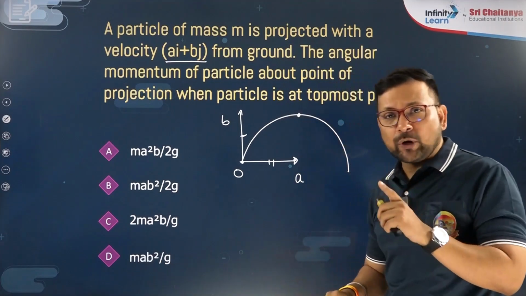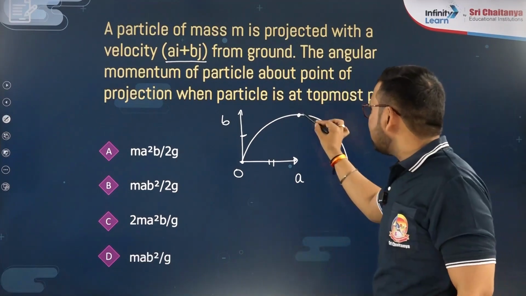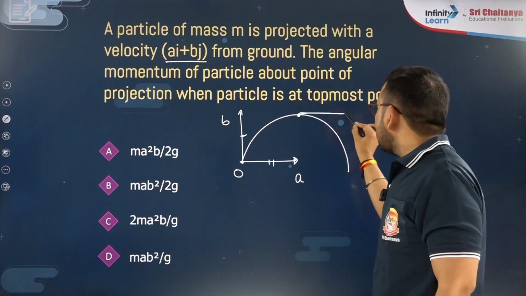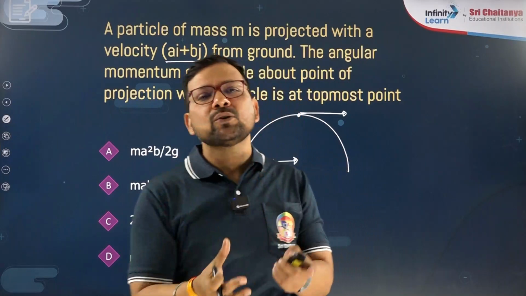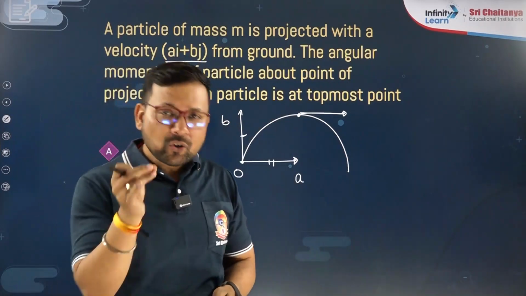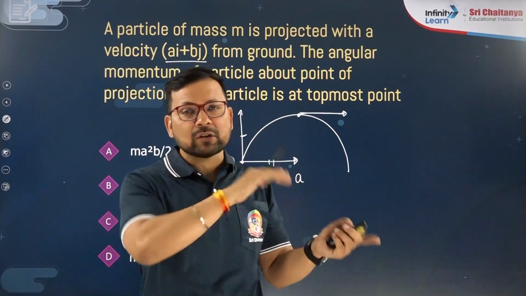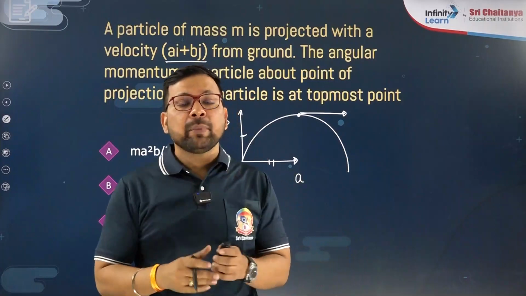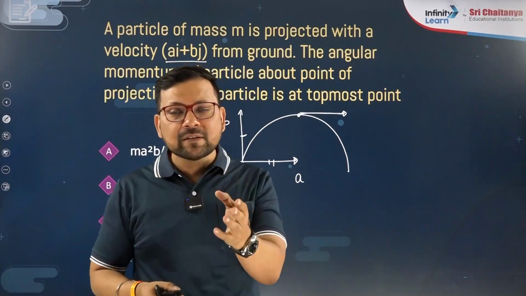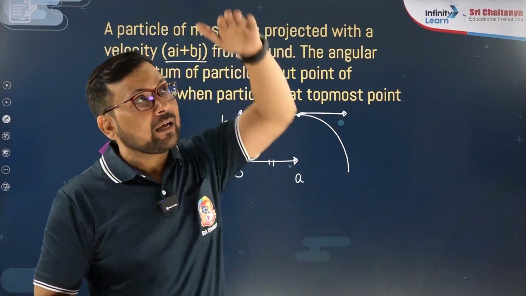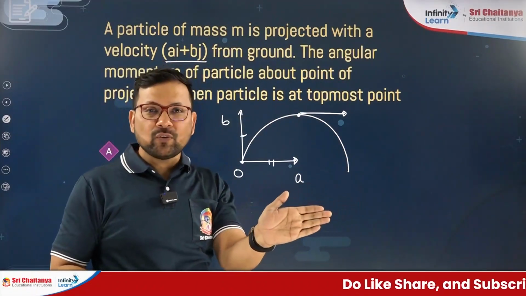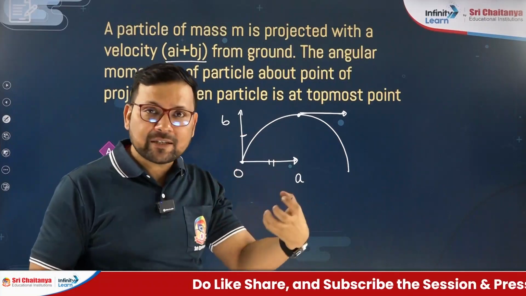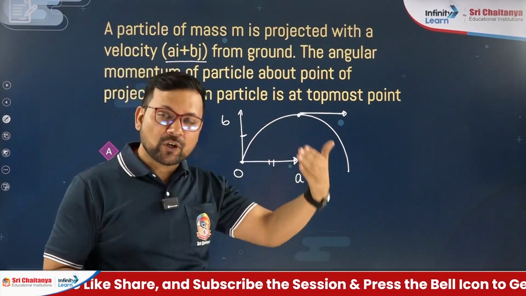At the highest point, we all are aware in projectile concept, horizontal velocity will not change, no acceleration is there. Projectile is also motion under gravity, not 1D, 2D is there, velocity is in different line, but as far as force is concerned, that is the only gravity, and gravity is along y-axis. So x-axis, neither there is a force nor there is an acceleration and no change in velocity.